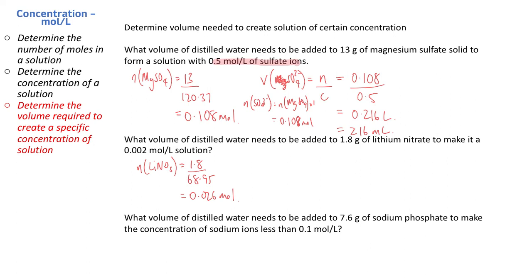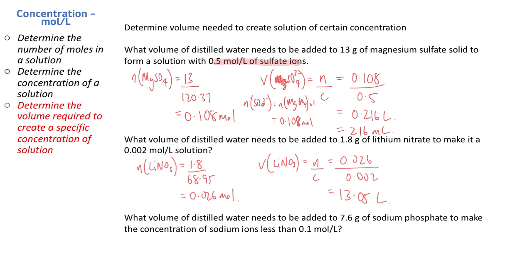Okay, so then I want to get the volume for the lithium nitrate solution, which will be equal to n on C, which will be equal to 0.026 over the concentration, 0.002, which will be 13.05 liters. That's how much water you're going to need to add.